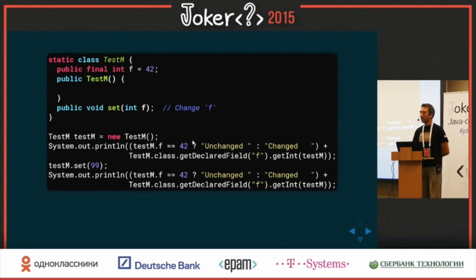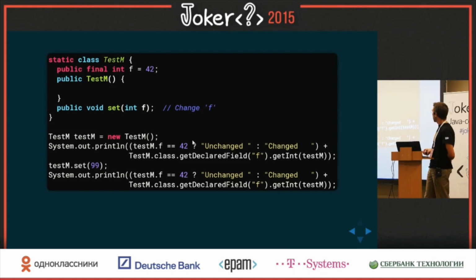Okay, now let's come to another funny problem which has partially been shown yesterday by Alexei in his talk. So when we have something like this, we have a class which has a private final field f, which is initialized to 42, and again, we have our set method here. We construct a new object of the type TestM, and we print out if the field is 42, we print out unchanged.